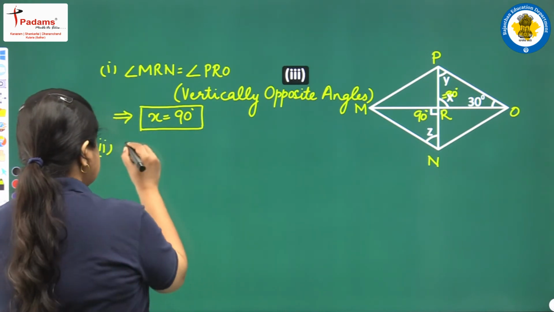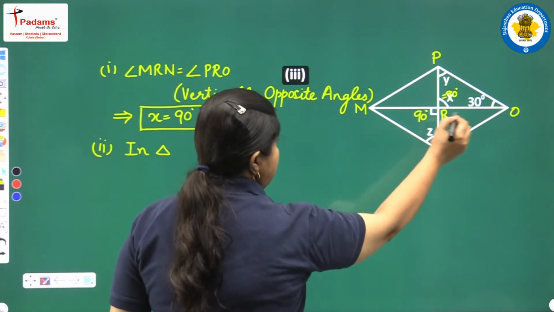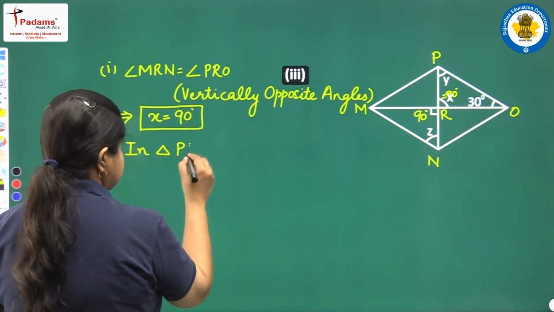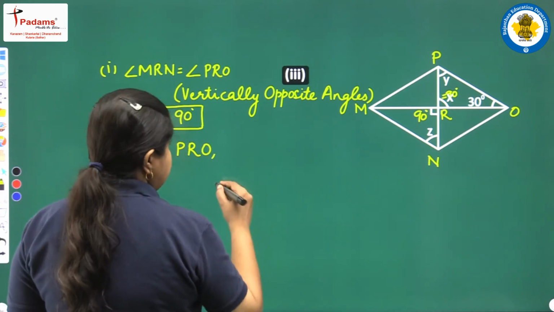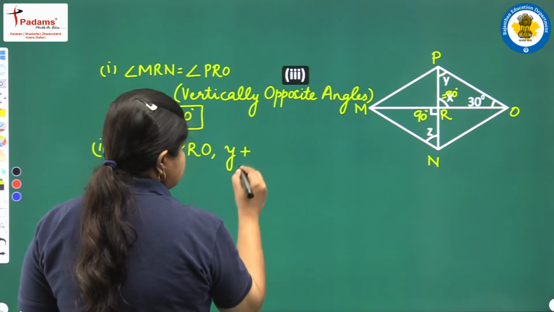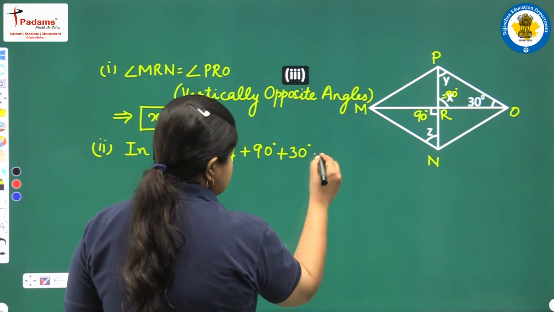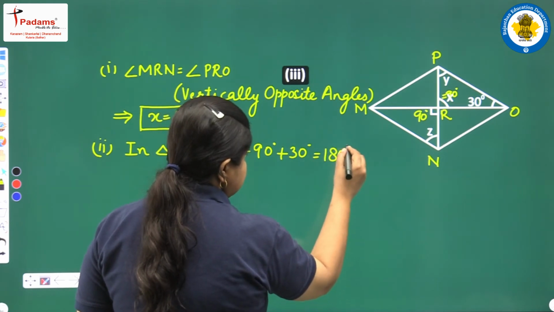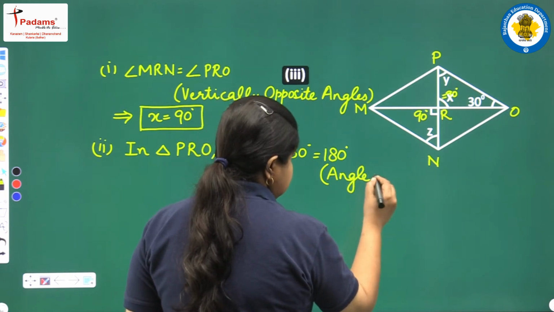So we write it here. In triangle, let us name the triangle PRO. We have the sum of the angles y plus 90 degree plus 30 degree equal to 180 degree. Angle sum property of a triangle.